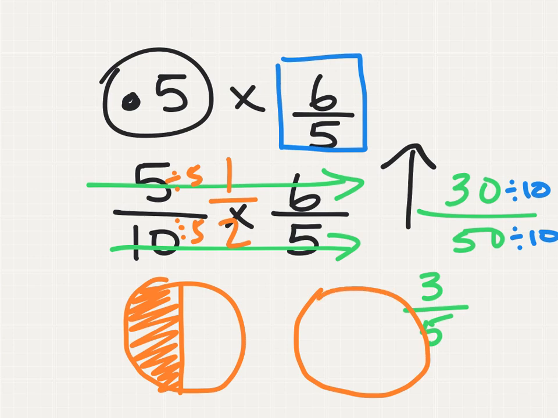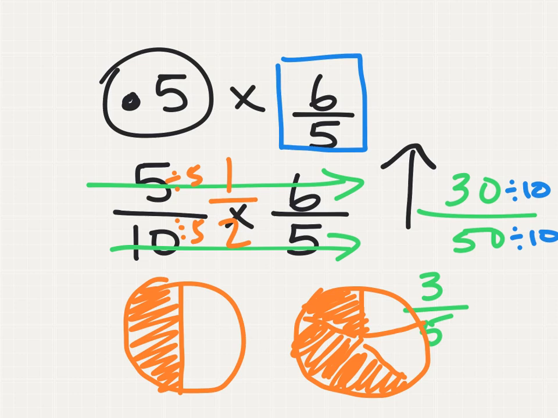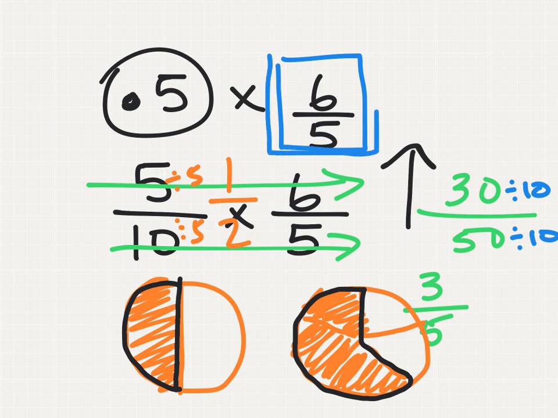So if I cut my pie into fifths, 2, 3, 4, 5, and shade 3 of these, 1, 2, 3, would you agree that I now have a larger piece of the pie than I started with? 1/2 became larger because I multiplied by a fraction that has a value greater than 1.